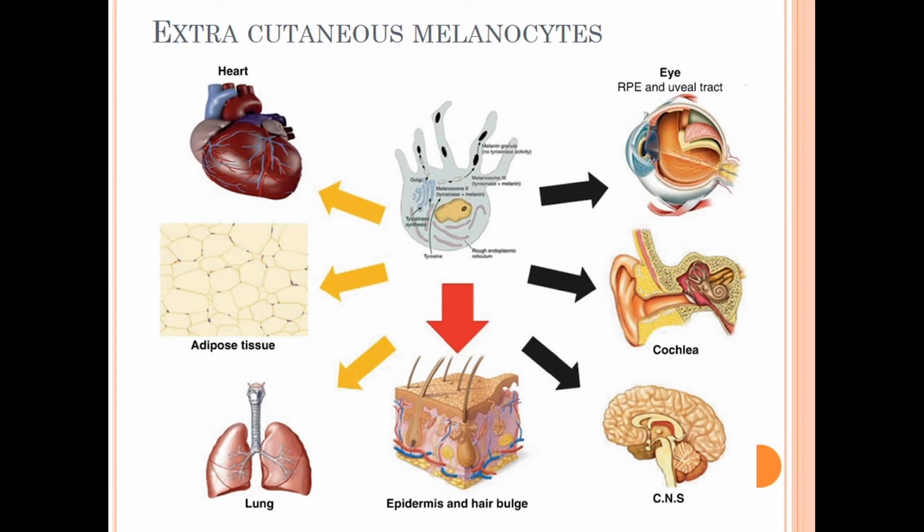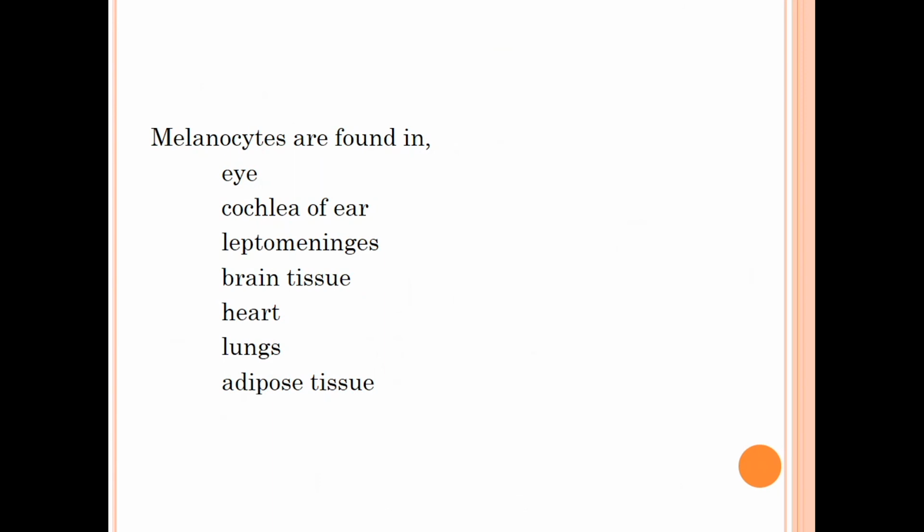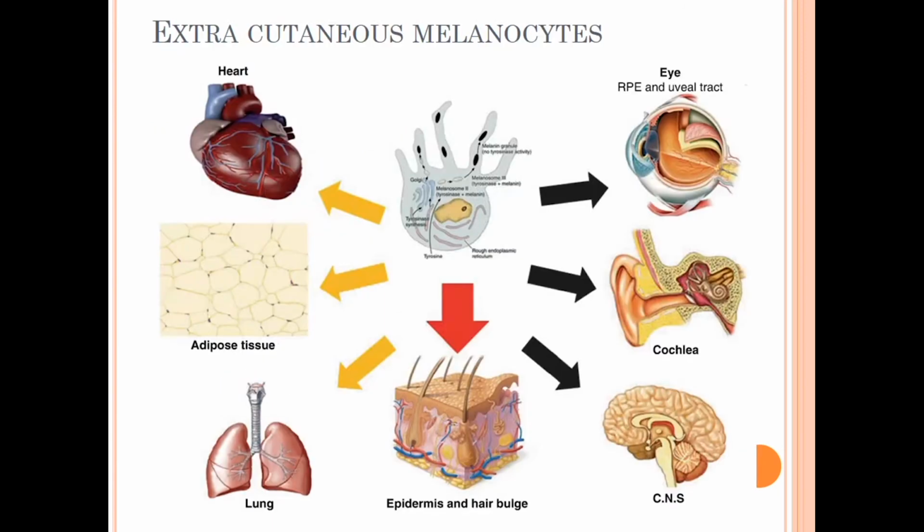Moving on to my proper topic about extracutaneous manifestations. Extracutaneous melanocytes are found in organs which contain pigment. We already know that there is pigmentation in the skin and the hair follicles.